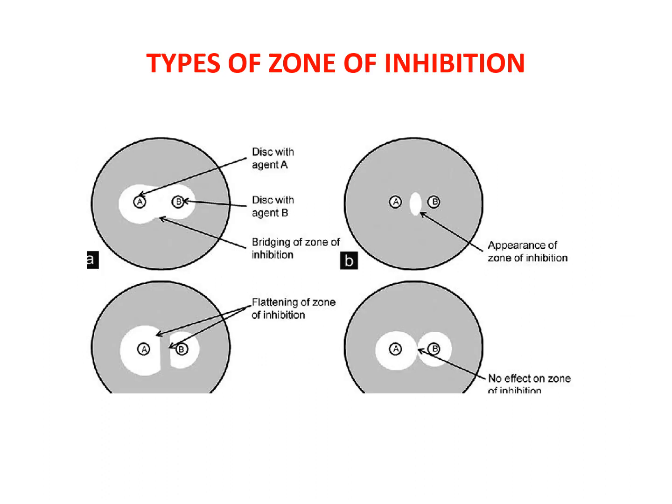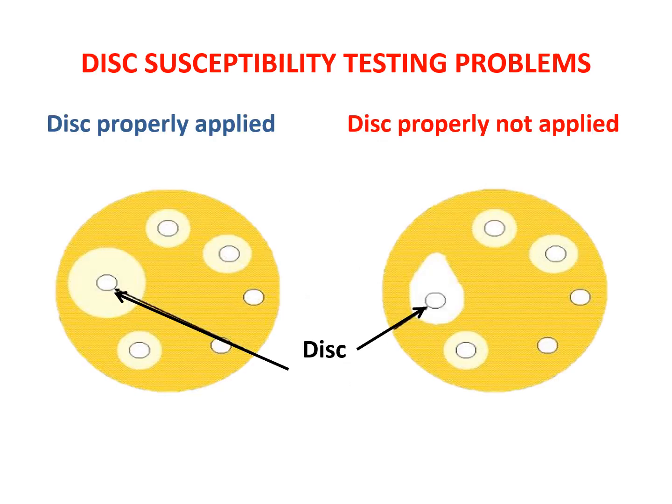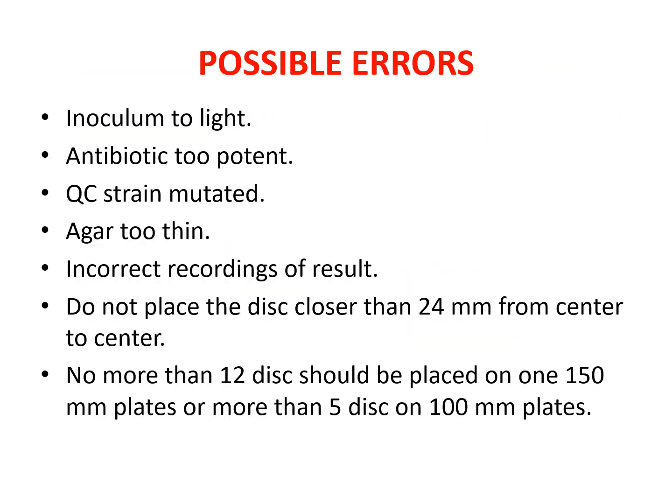You can observe the types of zones of inhibition. This is properly applied and this is not properly applied. So here you can learn and you can do the antimicrobial activity. Possible errors: inoculum too light, antibiotics too potent, QC strain mutated, agar too thin, incorrect recording of results.